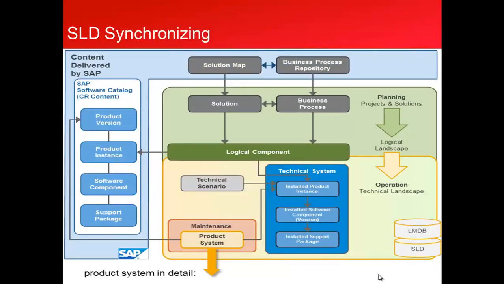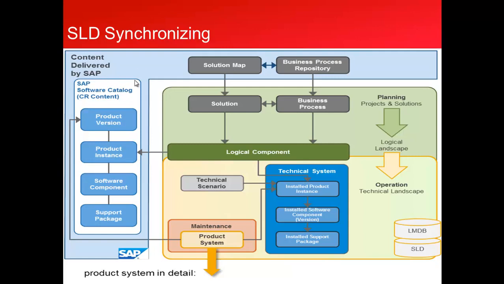Okay, now let's look at the SLD aspect. On the left side you can see the different content which is delivered by SAP. In this particular content you can see its product version. SAP products are the applications SAP ships and groups, a set of functions to solve business requirements.